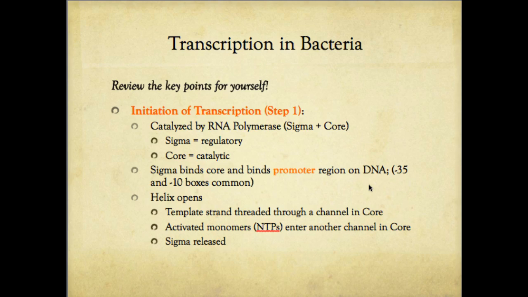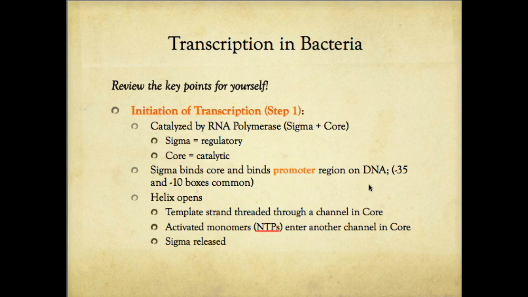Now there's a second tunnel in the core of the RNA polymerase enzyme that's the location where the activated RNA monomers are going to come in, all ready to be added on to the growing RNA strand. Remember, in both DNA and RNA synthesis, the bases that get added on to the growing strand have to be activated in order to be used to build a phosphodiester bond.